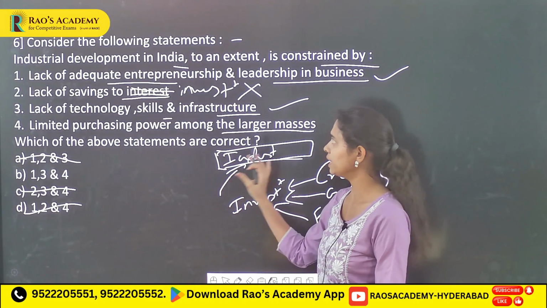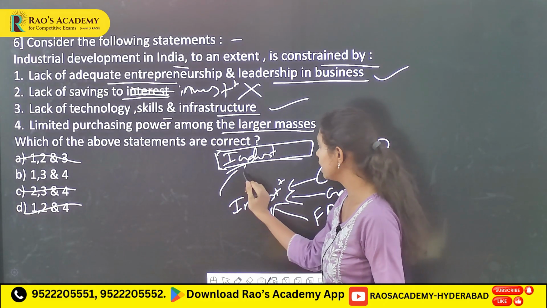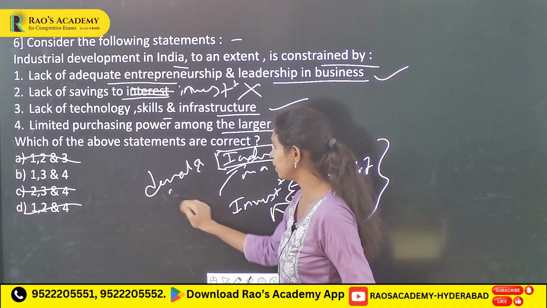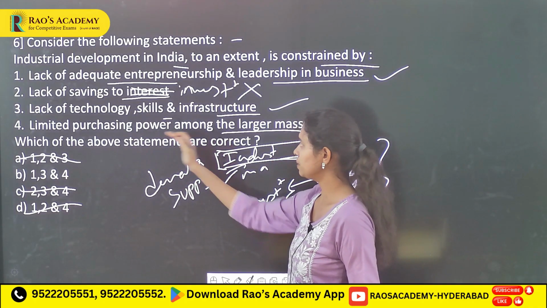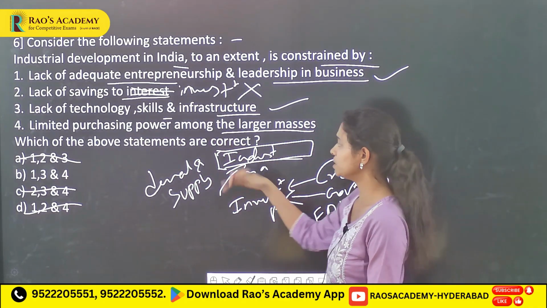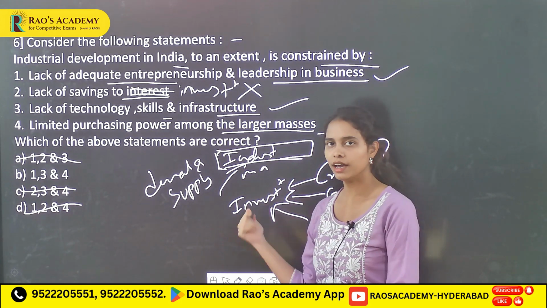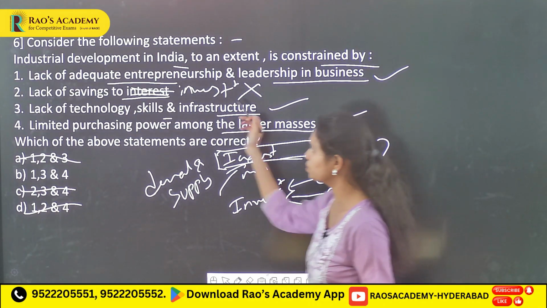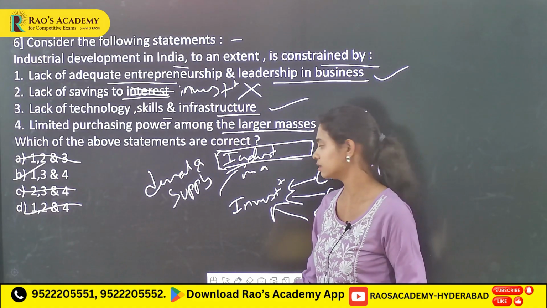Usually the industries as well as these products will be maintained according to the demand and supply of these products. So here the limited purchasing power, that means limited demanding power among the large masses, is going to affect the industrial development. So the fourth one is also a correct one. So options 1, 3 and 4 are the correct statements. So option B is the correct answer.